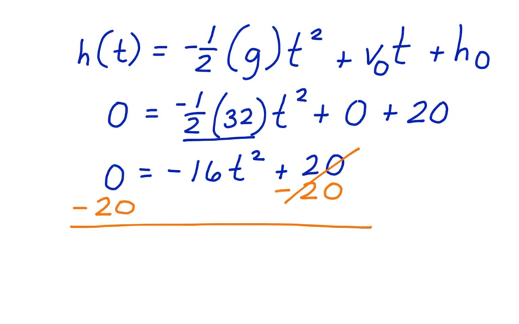These cancel, and I have negative 20 is equal to negative 16 t squared. T is my time in seconds. That's what I'm solving for. Let's bring that here. Negative 20 is equal to negative 16 t squared.